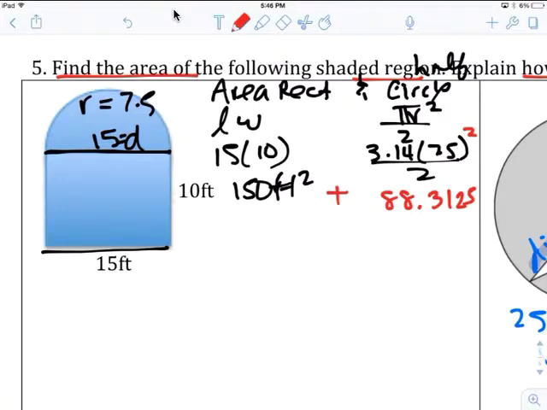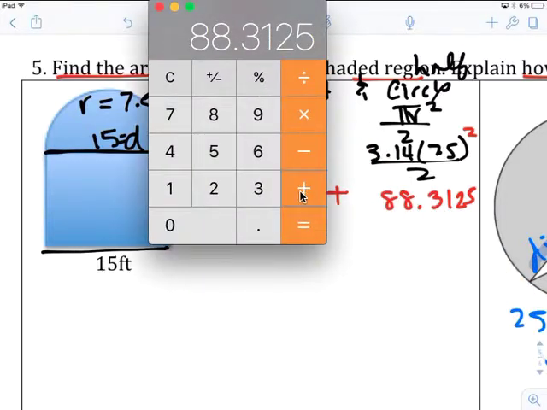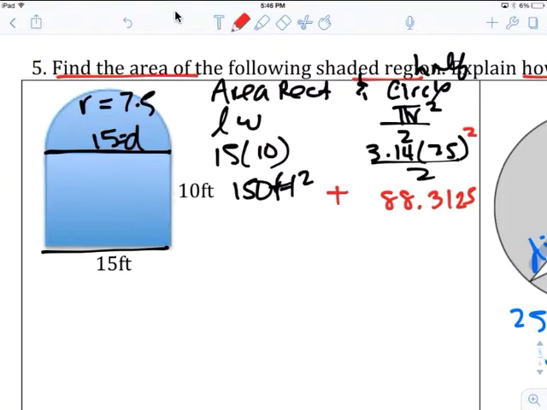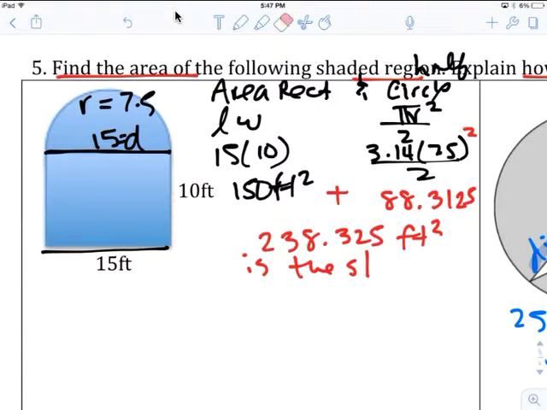Okay, so you get, add this to 150, 238.325 feet squared is the total shaded region.